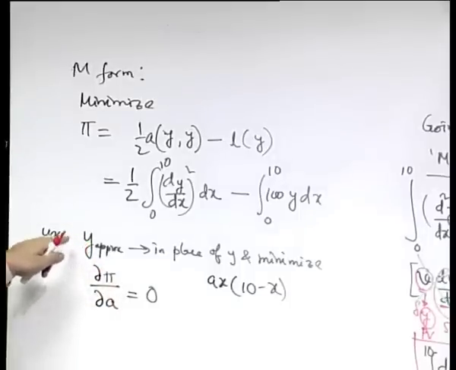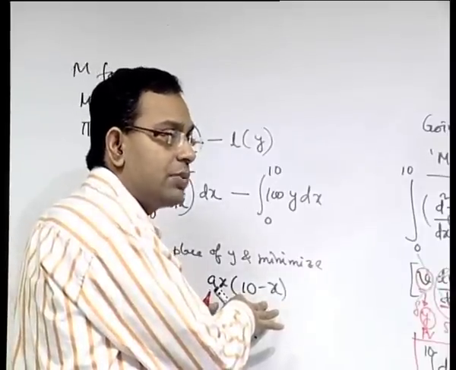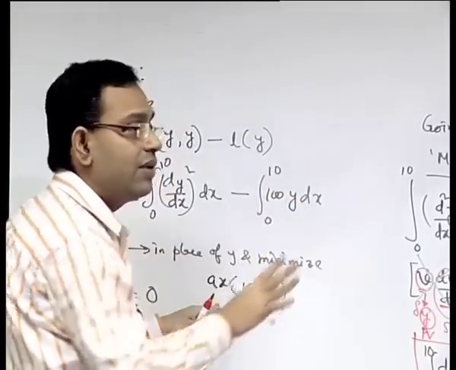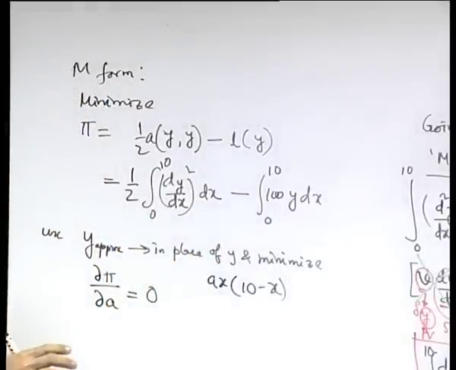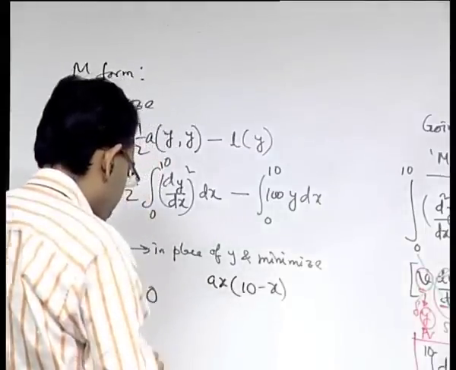So, you can use approximating functions with reduced requirement of continuity and no weighting function is necessary. That is one of the advantages of this method, and this method is known as the Rayleigh method.